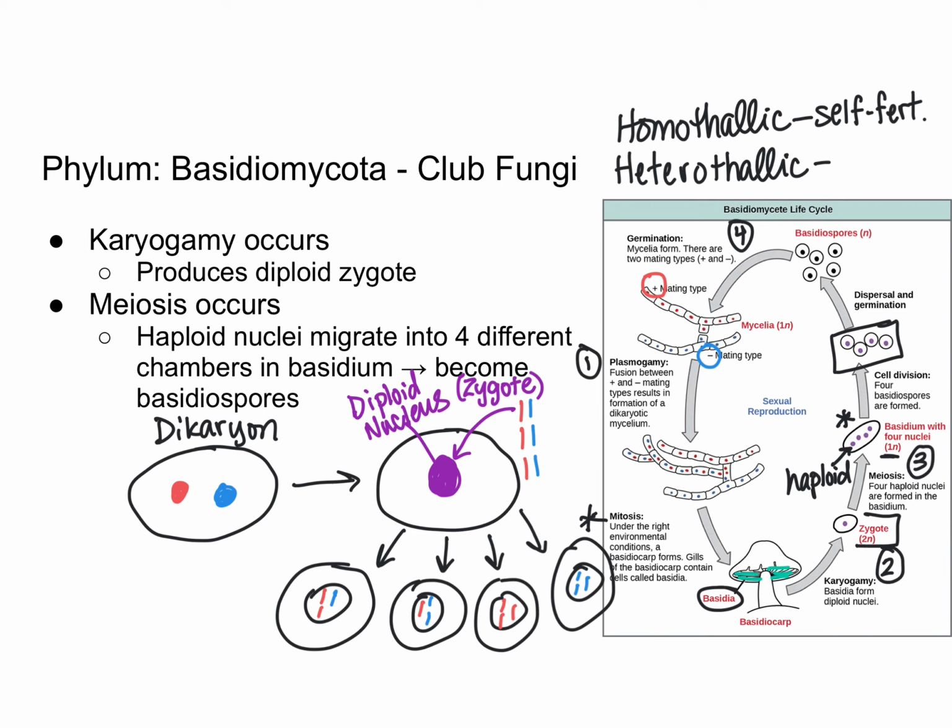Heterothallic means that you have to have two separate organisms in order to conduct sexual reproduction. So you would have to have two different mycelia from two different fungal organisms to come together in order to form that dikaryon.